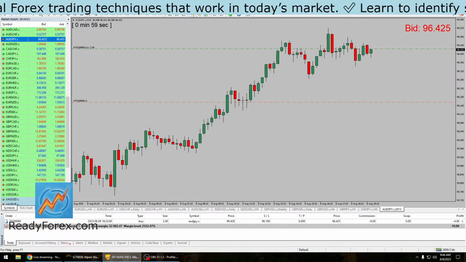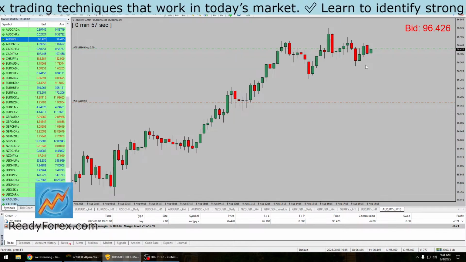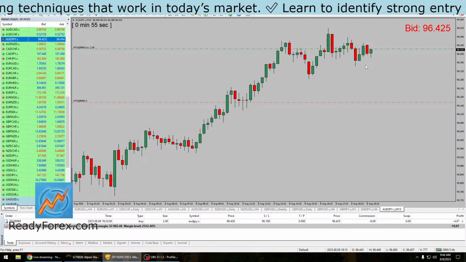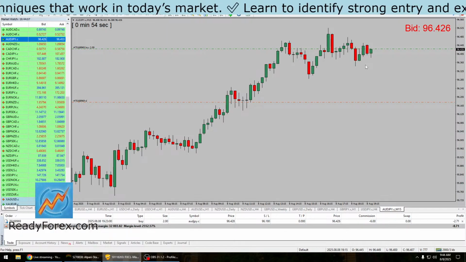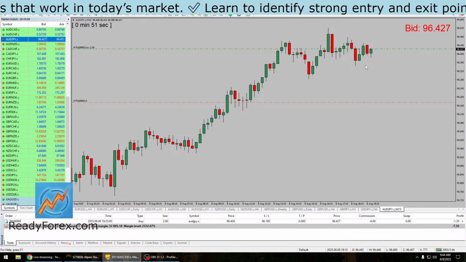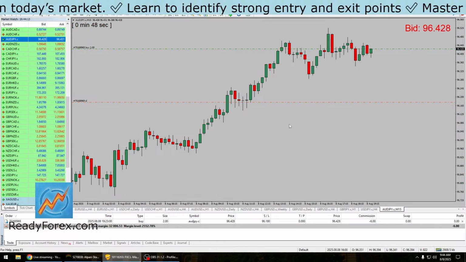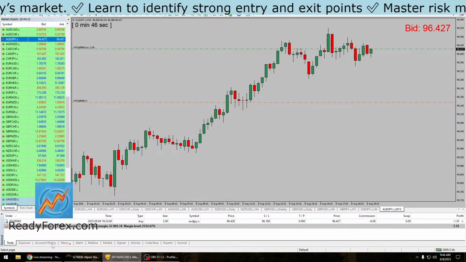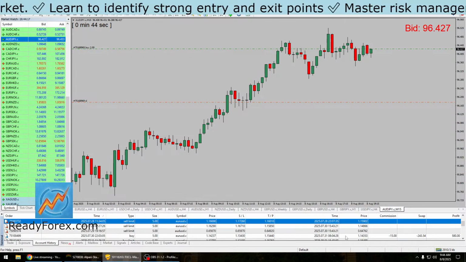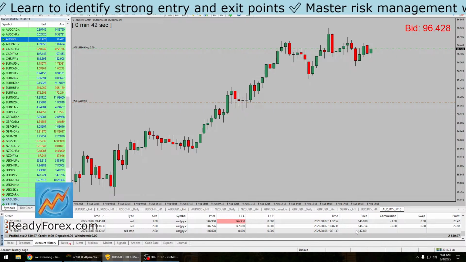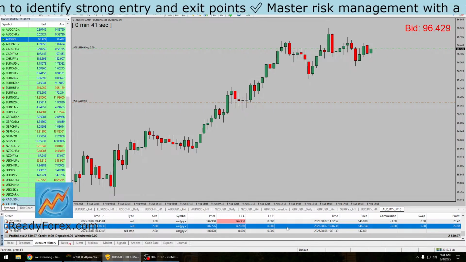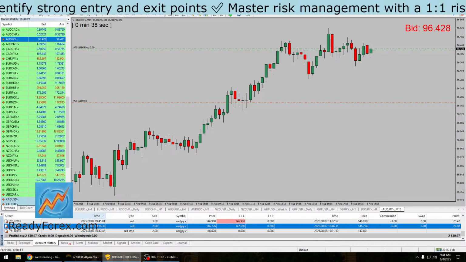So this buy trade inside AUD JPY currency pair. And here's the account history. You can check out some of the past trades which I've closed in the last few trading days.